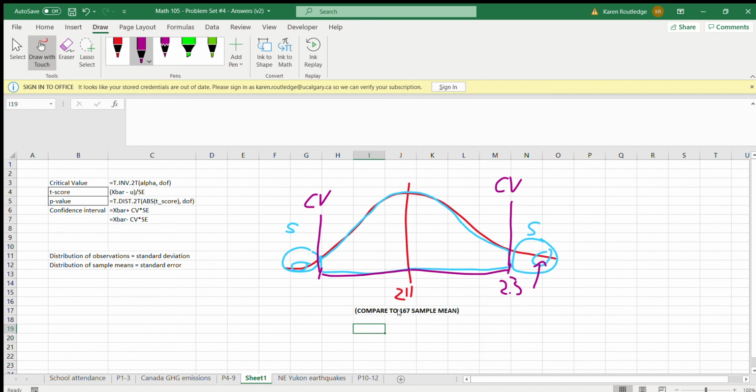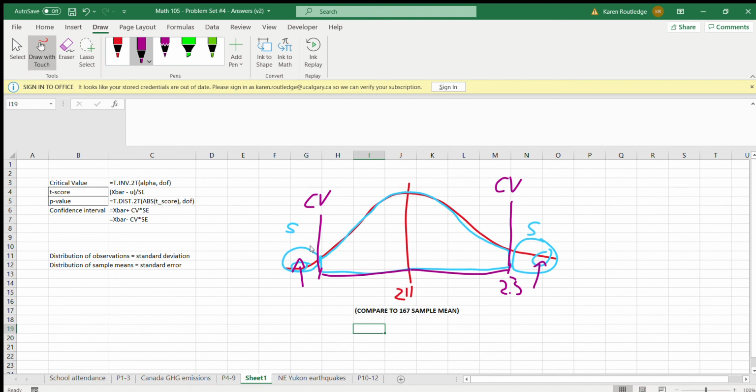Similarly, if our sample mean falls in here, if it is more extreme, in this case on the negative side, than our critical value, then it falls in the rejection region, and we will reject the null hypothesis. So we can use this equation, which uses just the probability and degrees of freedom to identify how far away in standard error units our threshold is.